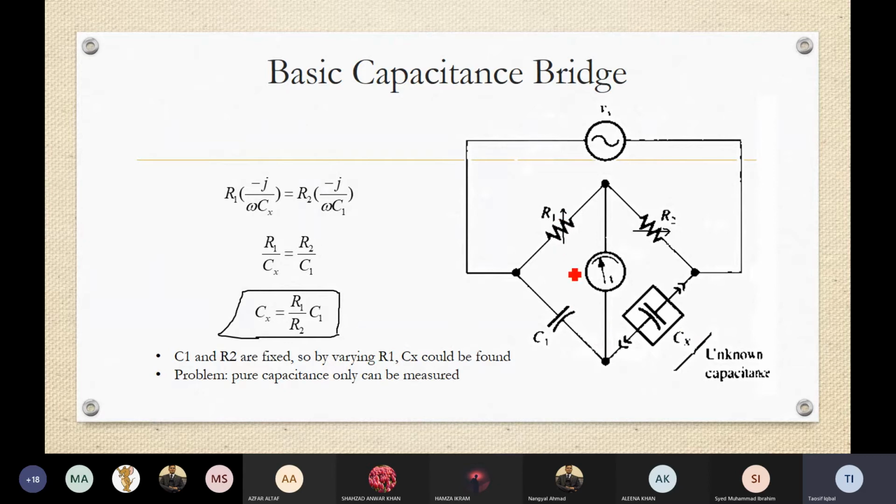So we can balance the ratio first, and then we find out whether the current through the galvanometer is 0 or not.